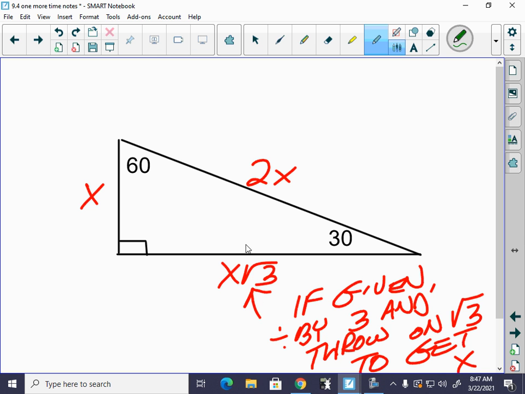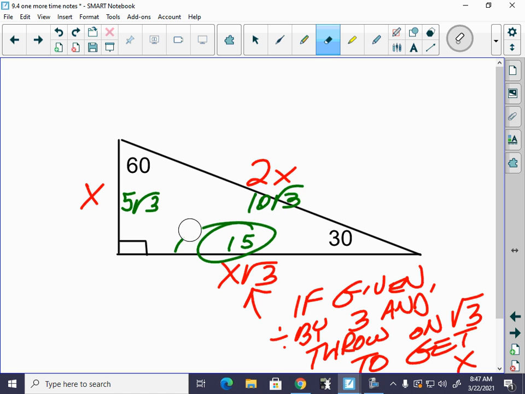If this was 15, then I would divide by 3 and throw on the square root of 3 and then double it. So if this is my start, I divide by 3. So 15 was given. Is this new stuff? Kind of. If this was given, you divide by 3, okay, and throw on the square root of 3 to get x, and then that's 2x, so you just double it.